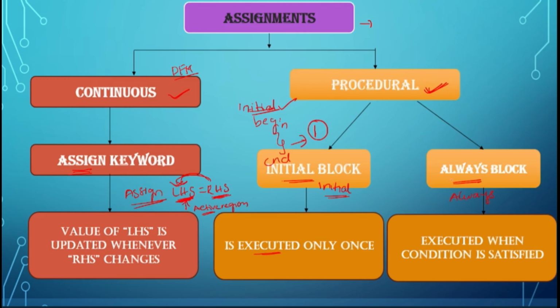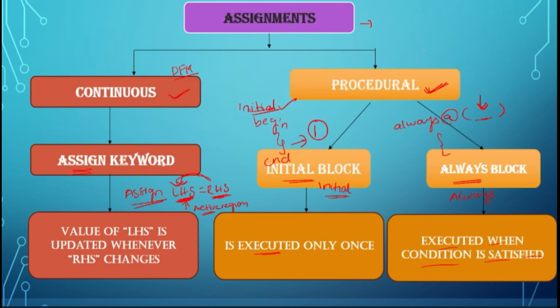But always, from the name itself, you could say that this is executed until the condition is satisfied. That means you will be writing a condition with this always block. Always at the rate, you will be writing some condition. Until this condition is being satisfied, this always block will be continuously executing. It's just like a for loop.